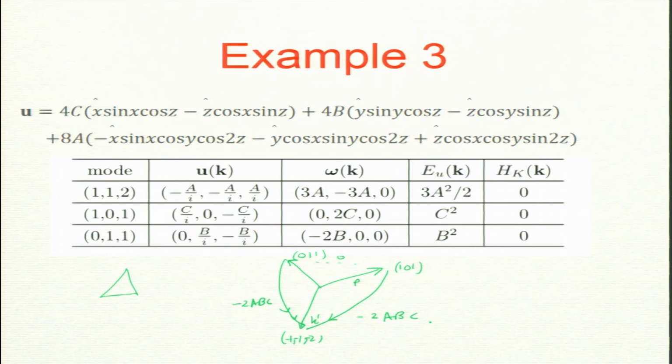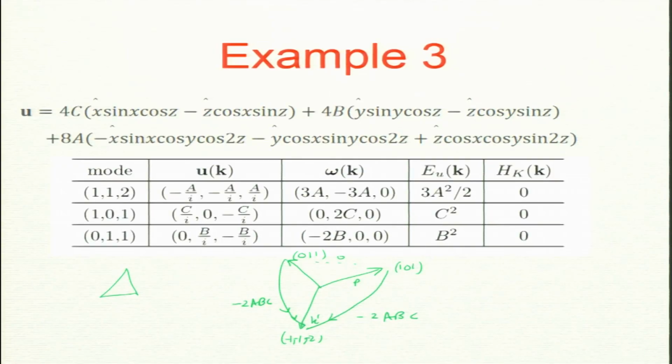So, ABC will again change sign and it goes back and forth. Okay. This is an interesting observation for understanding patterns. If this mode is blinking, then I know why it is blinking and who is supplying energy.